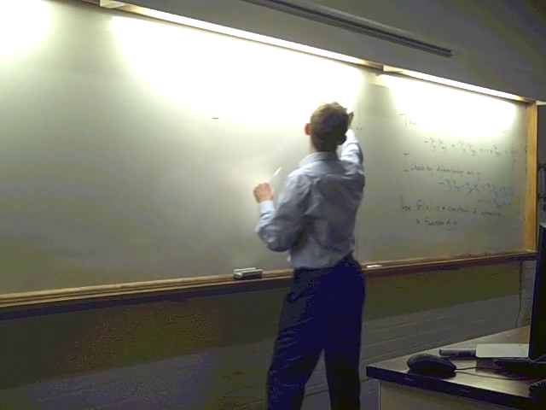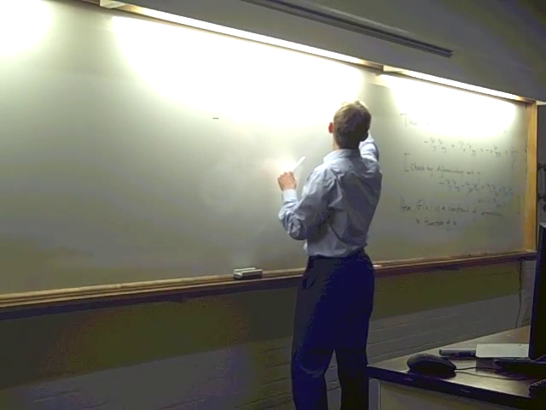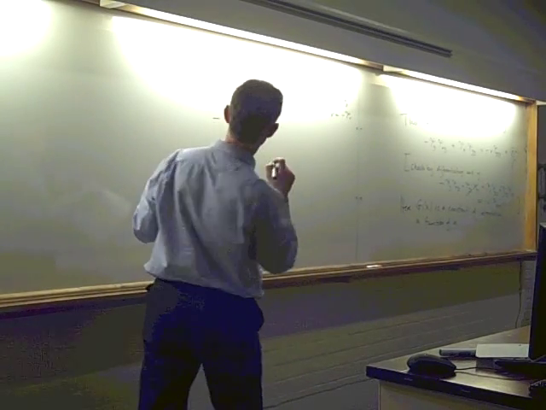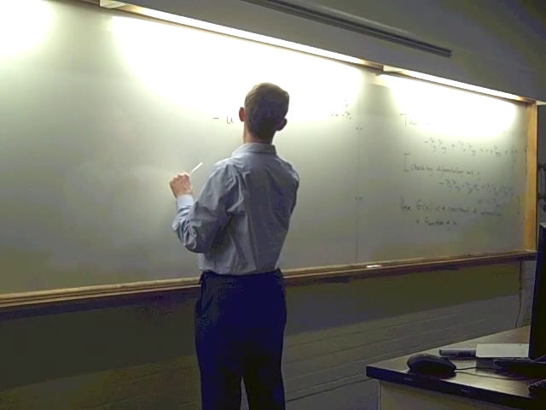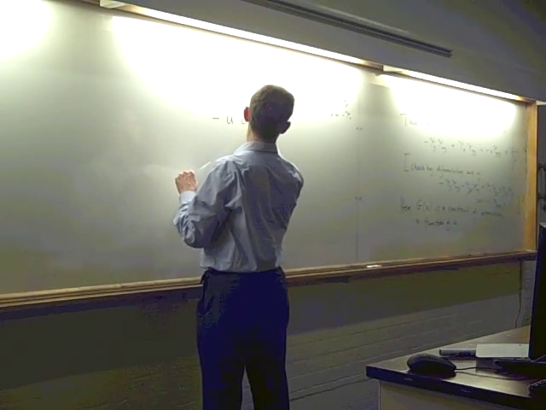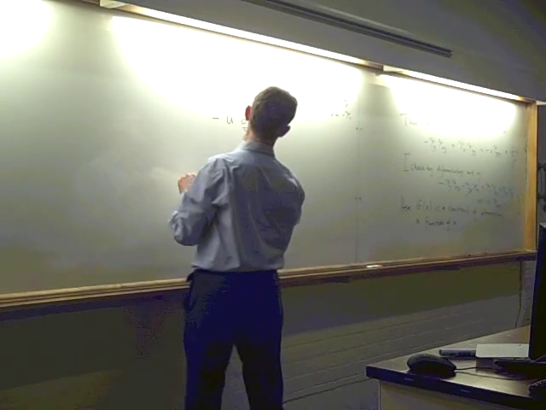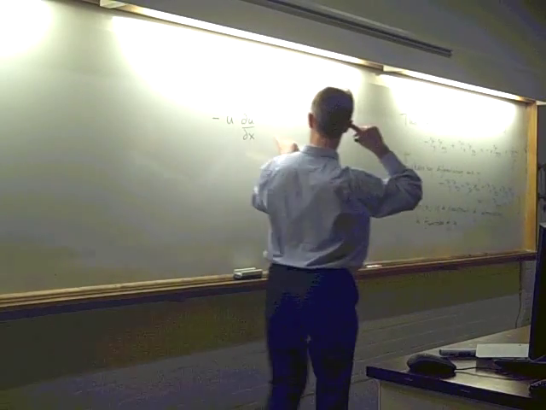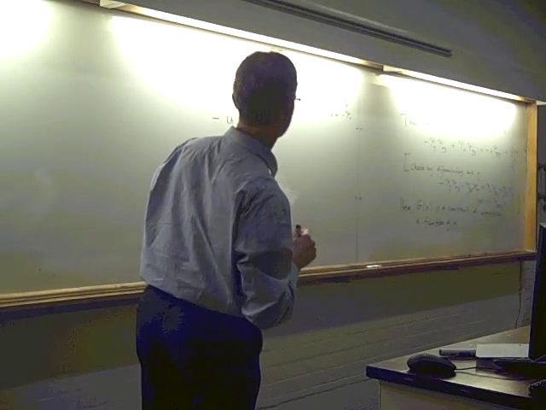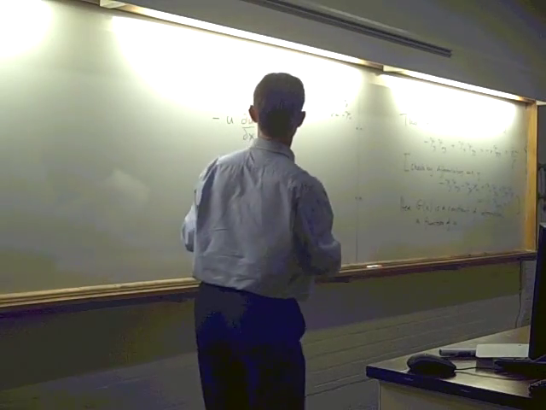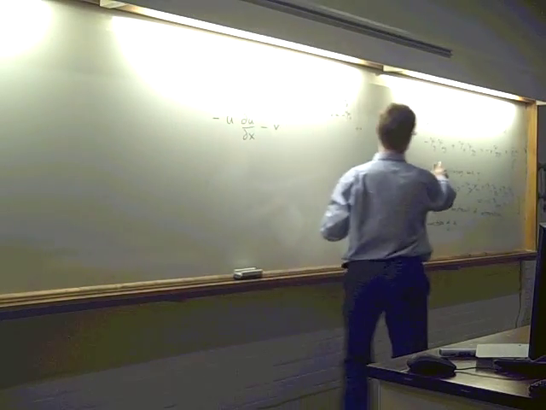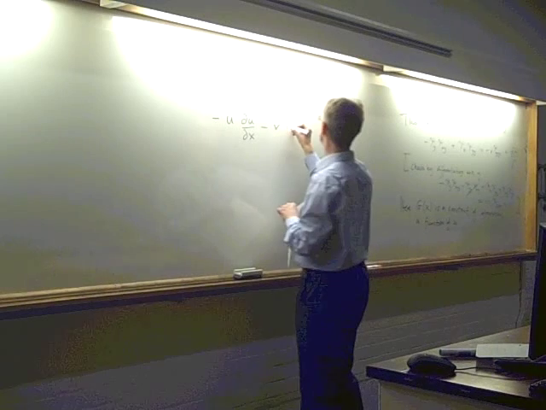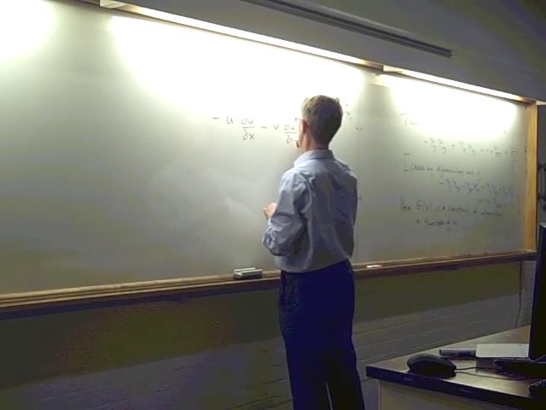So u is psi y and v is minus psi x. So the first term is minus u du by dx. That u is psi y and psi yx, psi xy is d by dx of u. Then again minus v, which is the psi x here, and I get d by dy of u. That's not too bad, consistent signs.